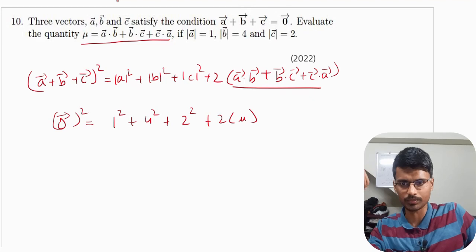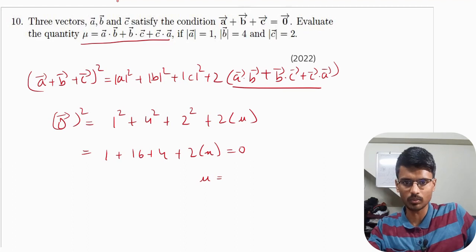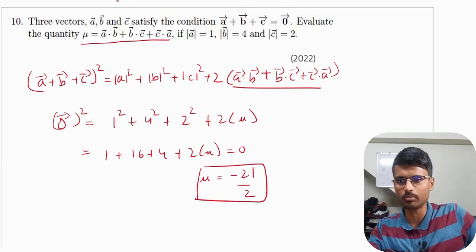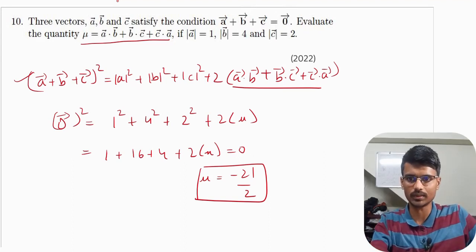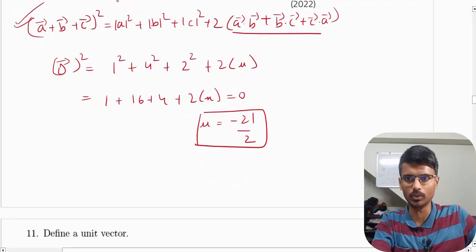So 1 plus 16 plus 4 plus 2 mu is equal to 0. So your mu is nothing but minus 21 by 2. This question can be solved if you know this. If you don't know this, you will be in trouble. So just remember this formula, and you will be good to go.